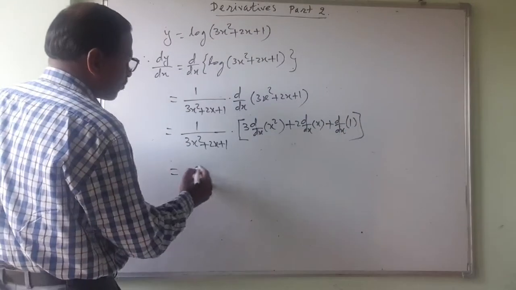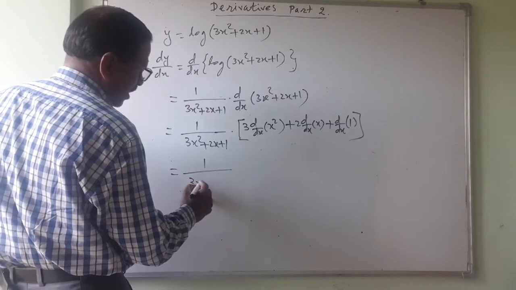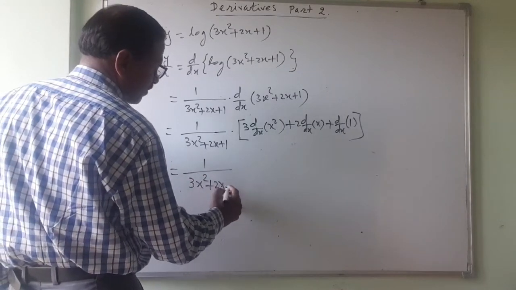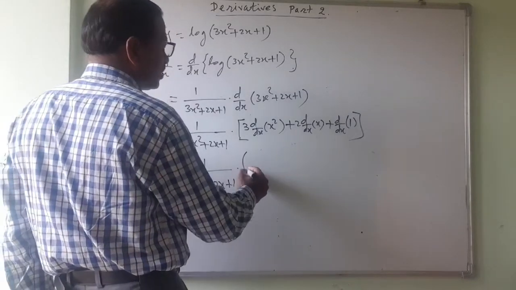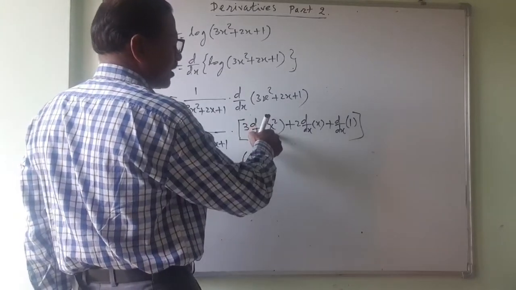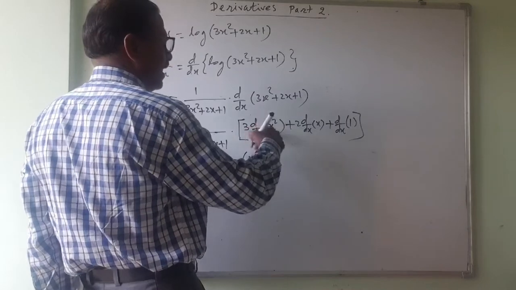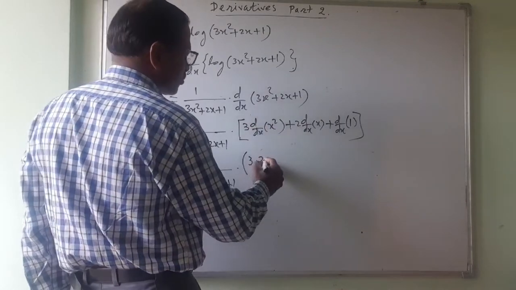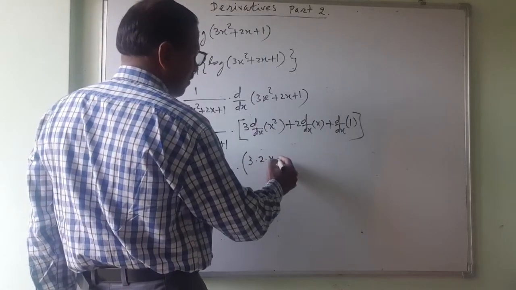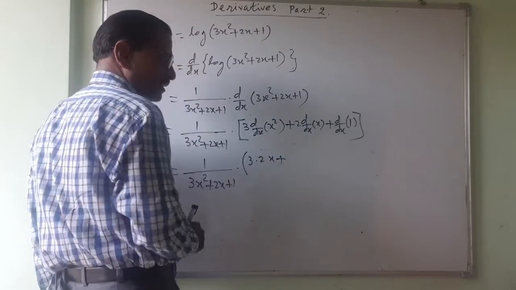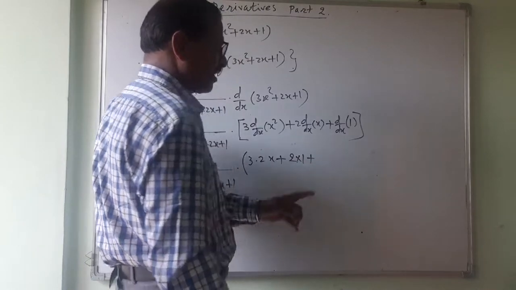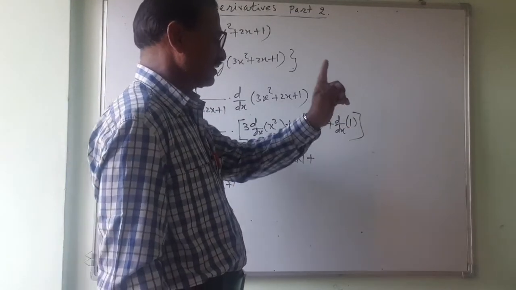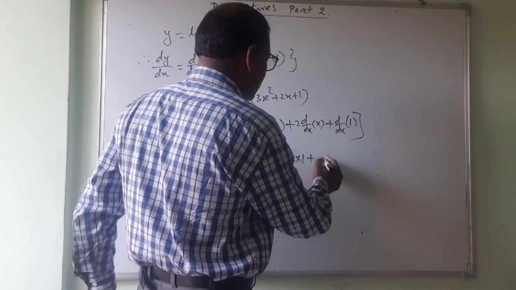That is equal to 1 upon 3x square plus 2x plus 1 into 3 into the derivative of x square, which is n x raised to n minus 1, meaning 2 into x raised to 1, plus 2 into 1, and the derivative of an isolated constant is 0.